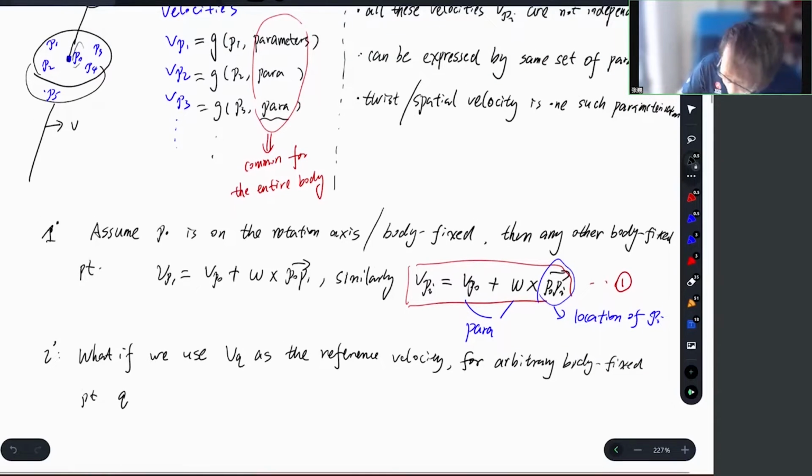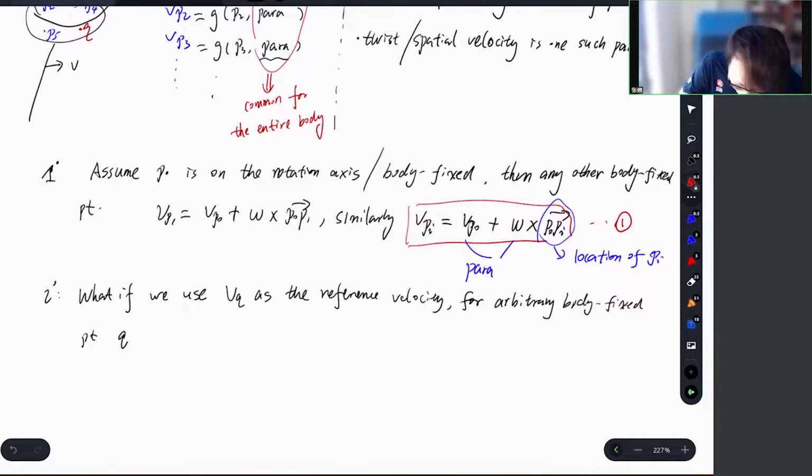In other words, I randomly pick a point, let's call this Q. This Q may not be on the rotation axis, I don't care. So it may not be on the rotation axis.